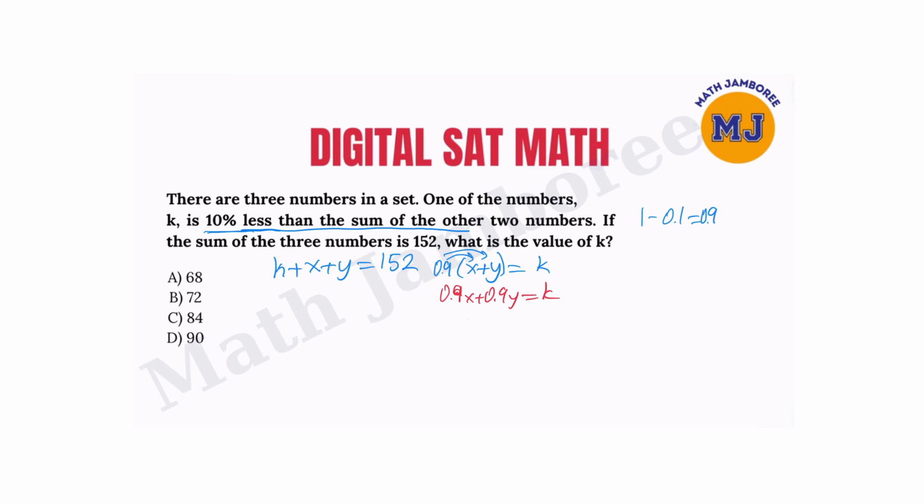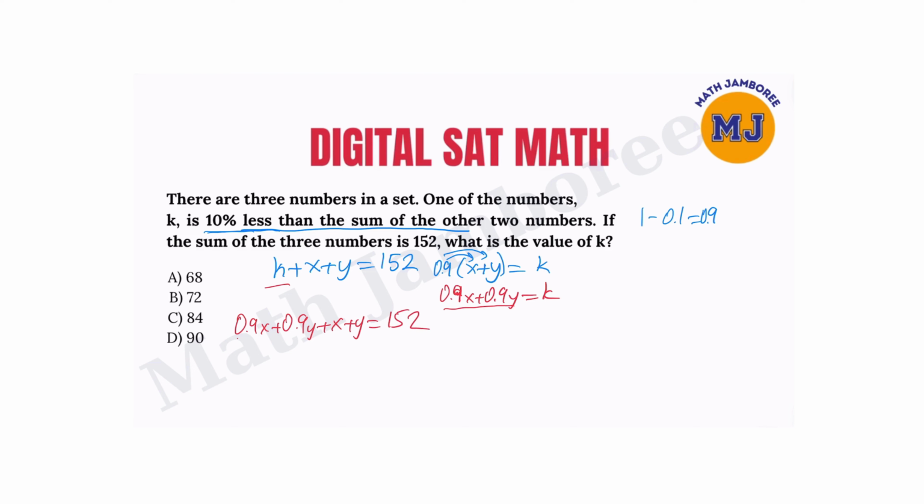So we will write this value over here because we found the value of k. Instead of k, I'm going to write 0.9x plus 0.9y, plus x plus y, is equal to 152.